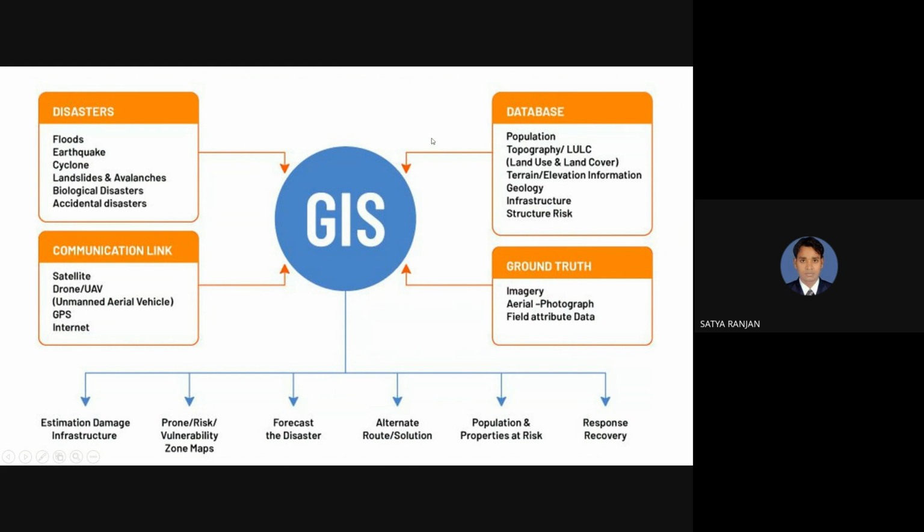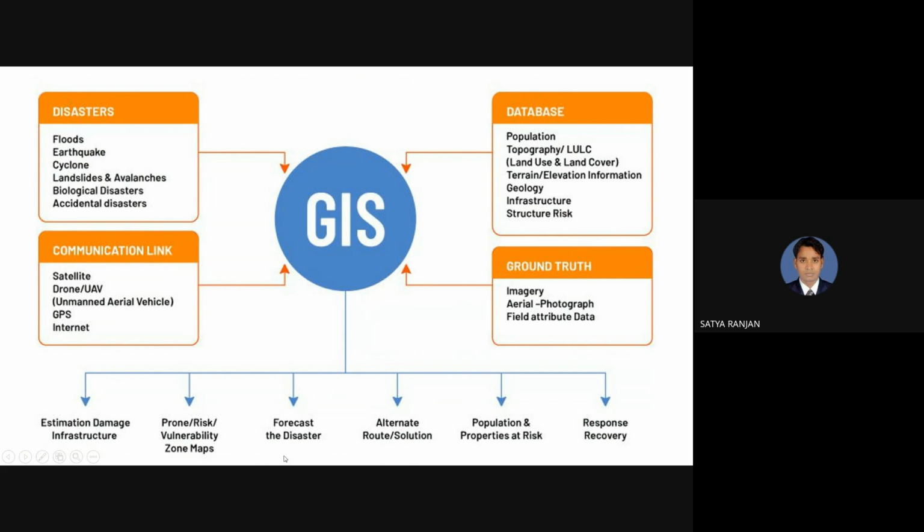All these are integrated. Then after that, all these events are monitored and give results like estimation of damage to infrastructure, storm risk, vulnerability zone mapping, forecast of the disaster, alternate route solutions, population and properties at risk, response and recovery.